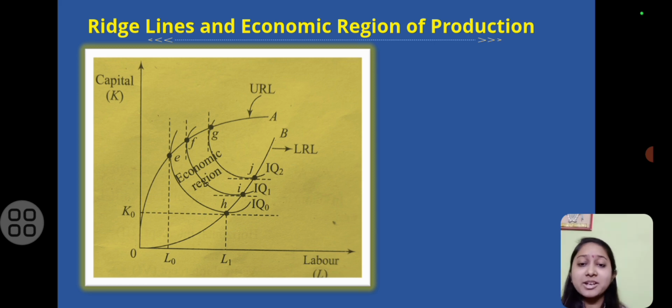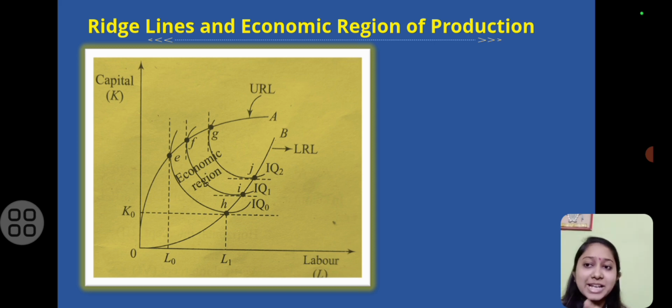Beyond point H, we will get MPL negative, that is, the marginal product of labor will keep on diminishing beyond this region, and a producer would not like to produce because the same level of output will require more of both the inputs. Similarly, on the other side, beyond the points E, F and G, a producer will not produce because that is also a positively sloped portion.